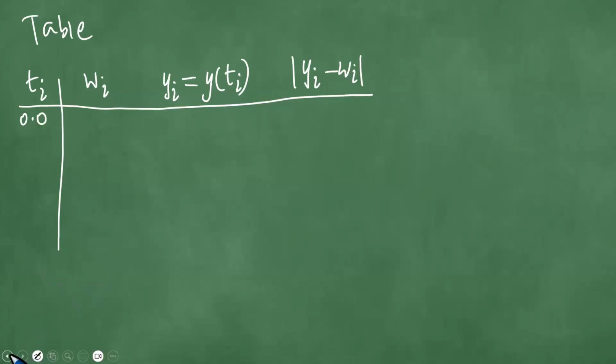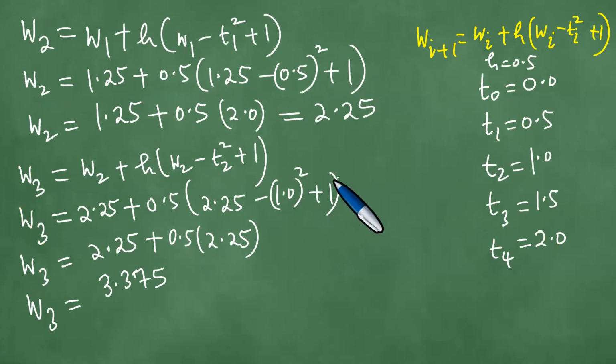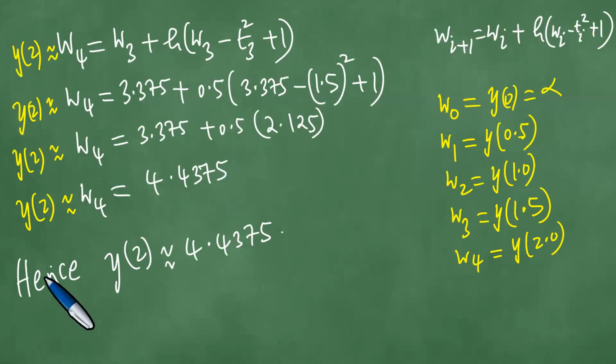Okay. Just want to refer to what we got here. For example, we got a couple of the W's here, and each one of these W's was obtained at a given T. W3 was actually obtained at 1.5. We saw that W4 was obtained at 2.0.